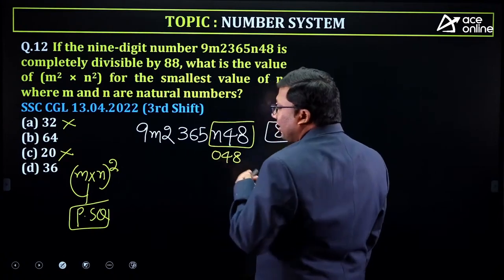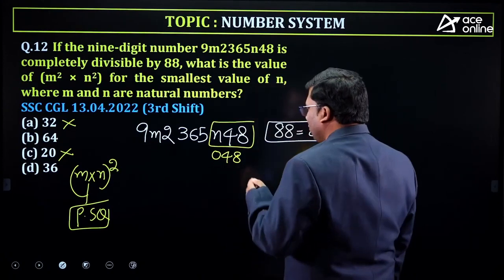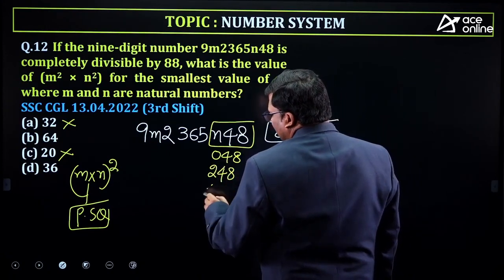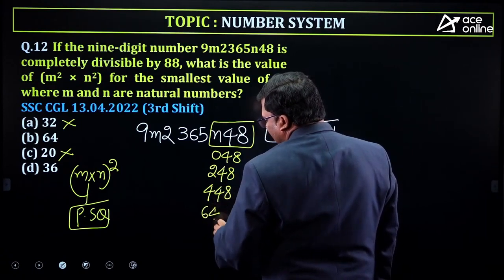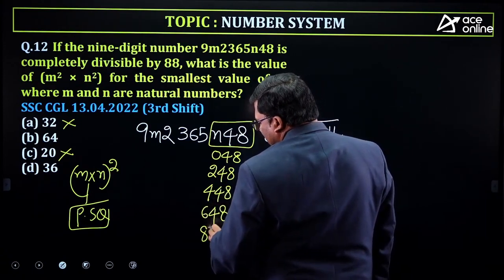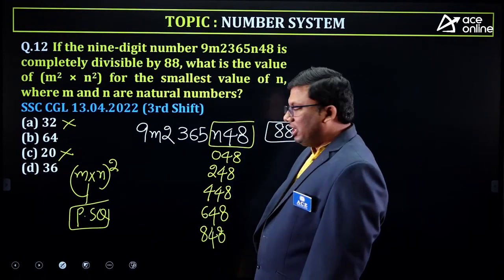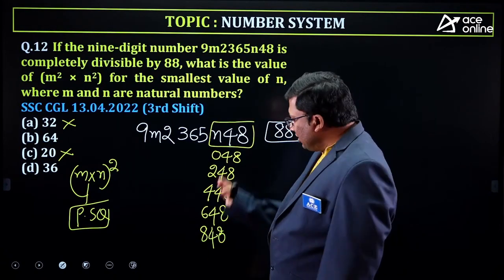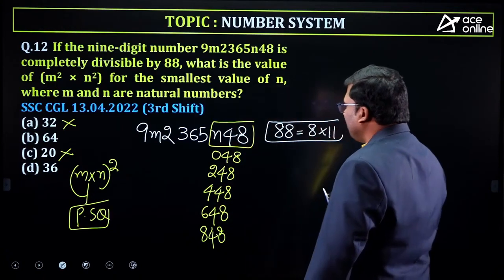If I keep 1, 148: 8 1s are 8, 68, no. If n is 2, 248; n is 4, 448; 648; next 848. So n can be 0, 2, 4, 6 and 8, and it is divisible by 8.